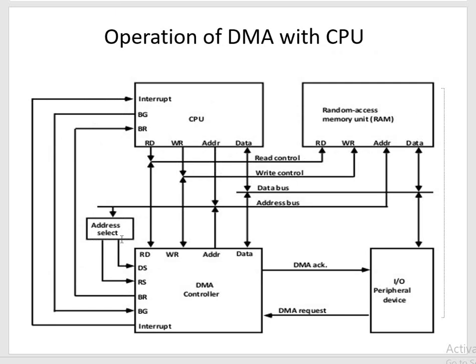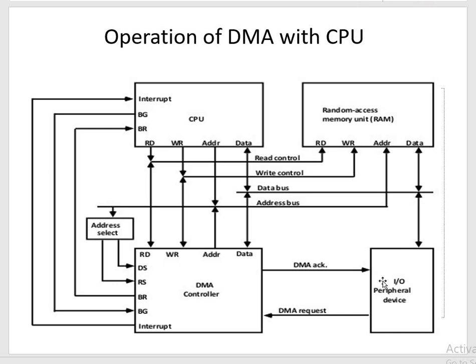Now we will try to understand the operation of the DMA with the CPU with the help of this particular diagram. If we look at this diagram, we can see that almost all the basic units of the computer are shown over here: CPU, memory, although random access memory is shown over here, but it is memory, and peripheral devices.